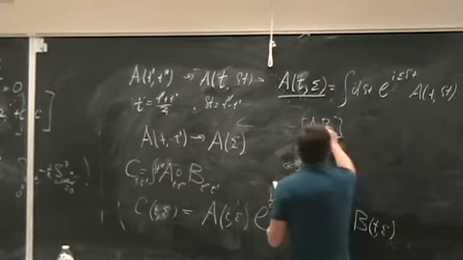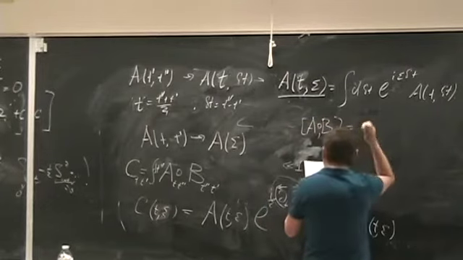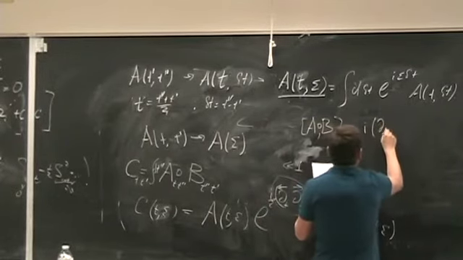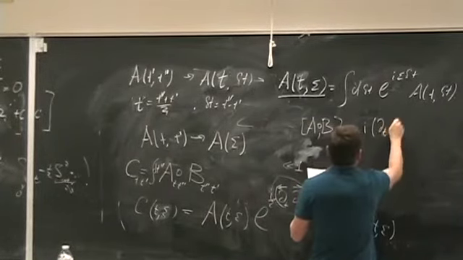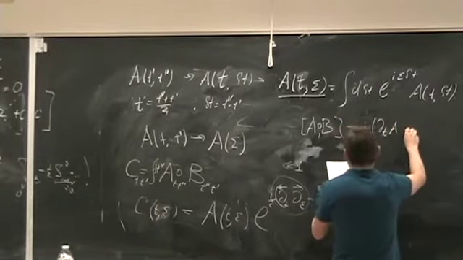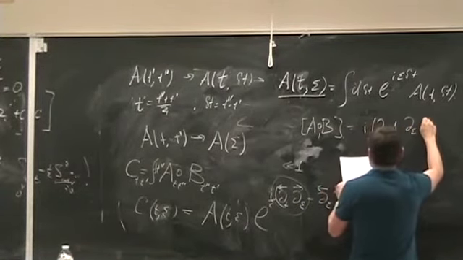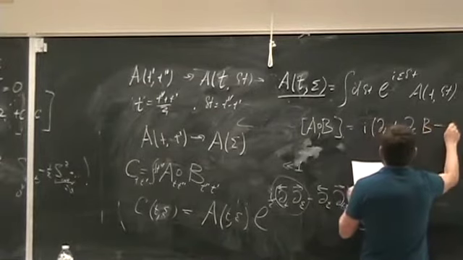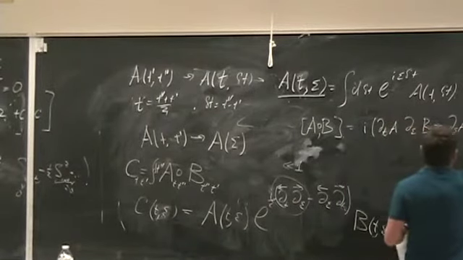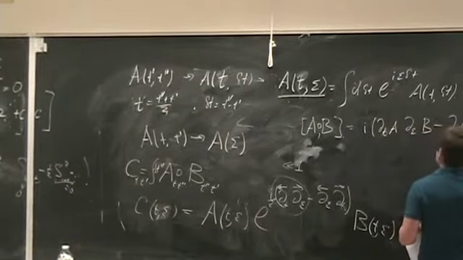So this product, in the sense of multiplication, will go simply to i, d epsilon a dt b minus d epsilon b dt a.